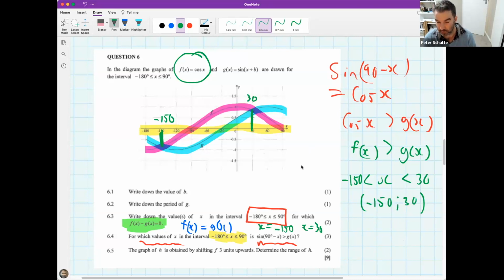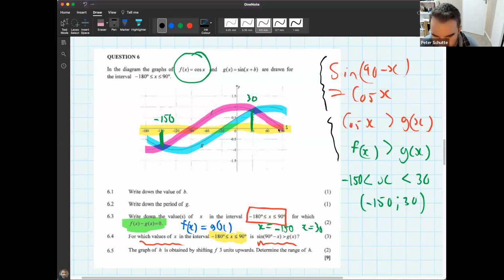Now, that is a tricky question, but the moment you understand how to do this difficult part, knowing that this is cos x and cos x is the same as f of x, and that is tricky. I'm not going to lie to you, that is a tough question. Give me a thumbs up if you feel like you understood my explanation with the pink and the blue.